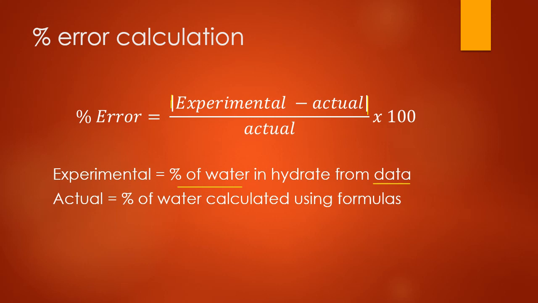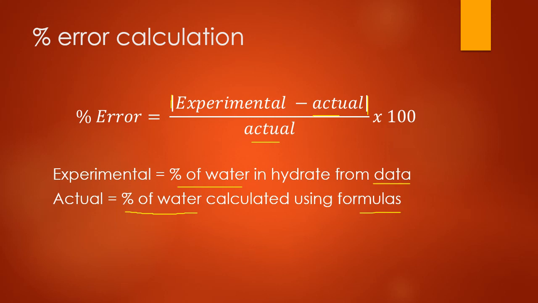The actual is the percent water calculated using the formulas. So out of those 4 choices on the previous slide, whichever one matched your experimental the most, you're going to take that percent and plug it in to the actual portions of the equation. Multiply by 100 to get it in a percent.